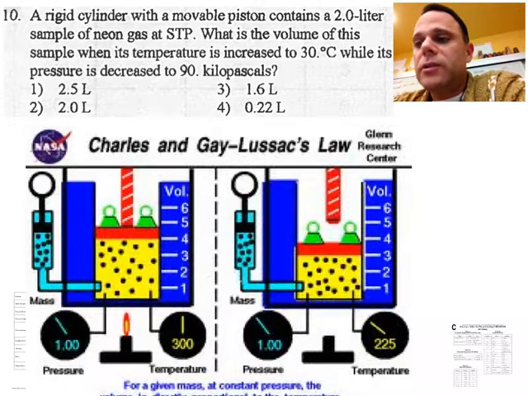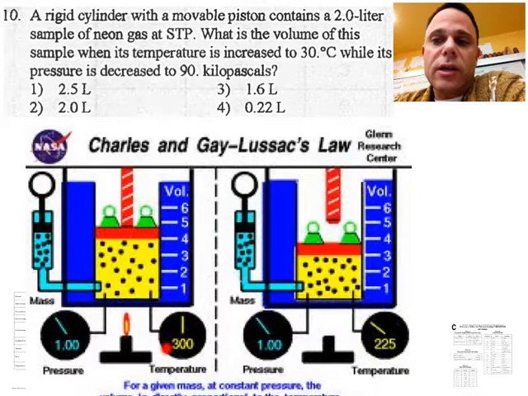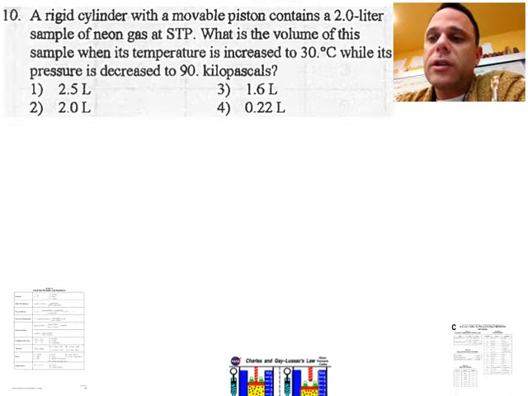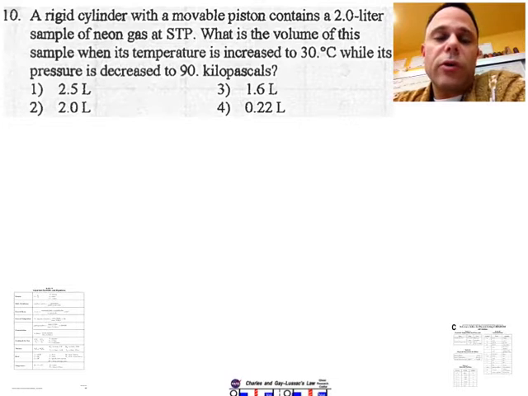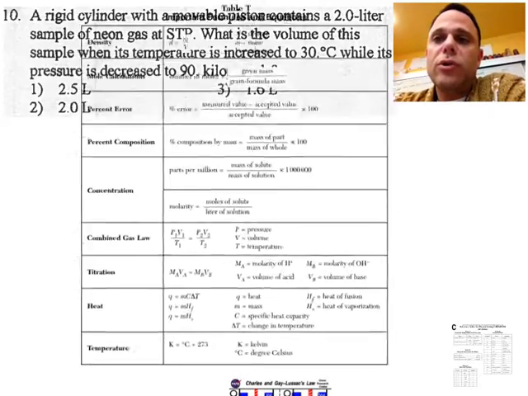As it gets compressed, as the volume decreases, the temperature goes down. As the temperature increases, the volume goes up. Now we have 3 variables changing in this question, and with those 3 variables being temperature, pressure, and volume, let's explore what formula we should use.